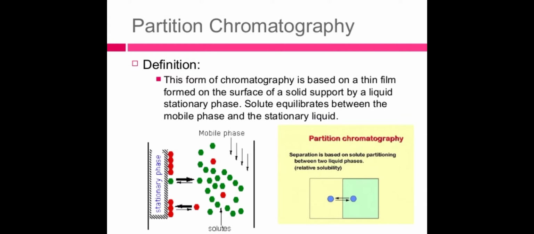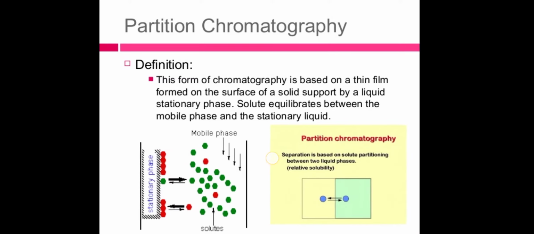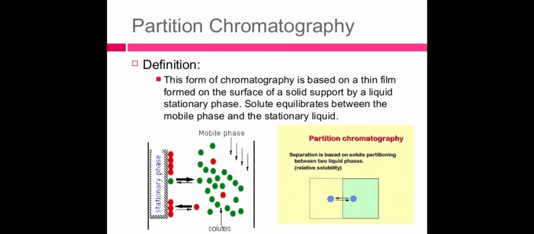Partition chromatography will have the solid support, but the main stationary phase is the liquid which is on the solid support, just there with the help of the solid support.